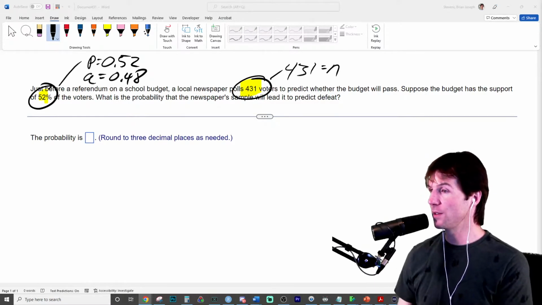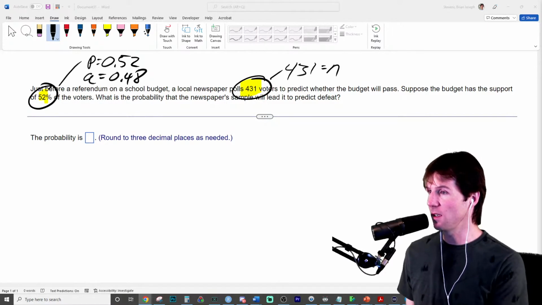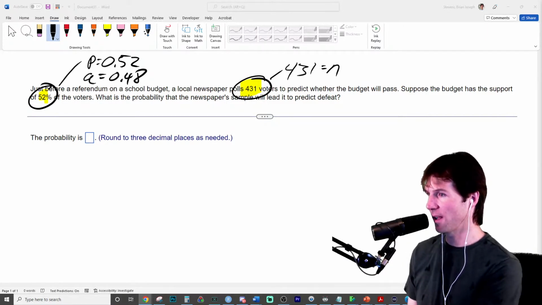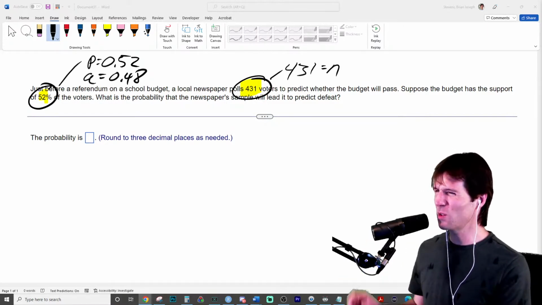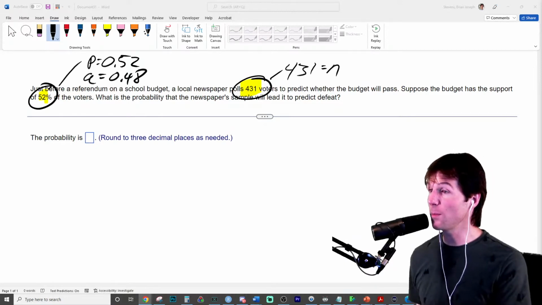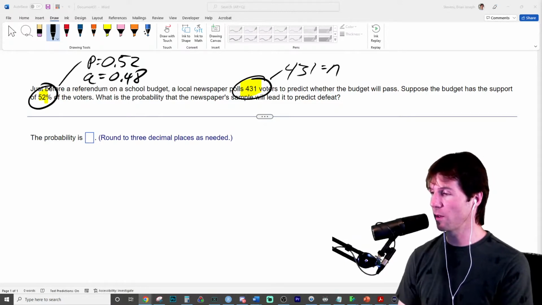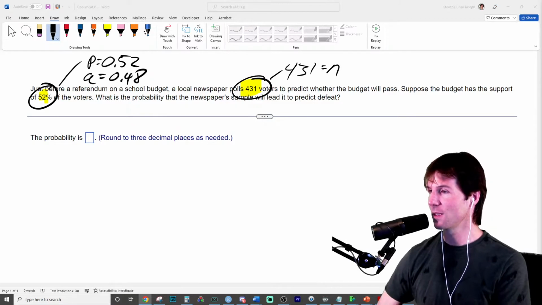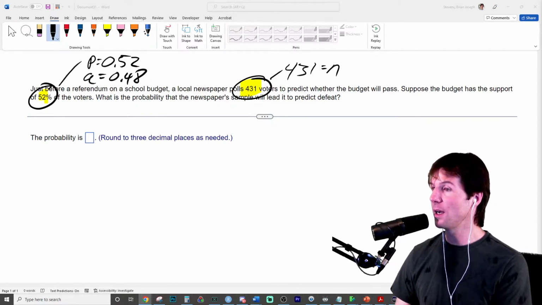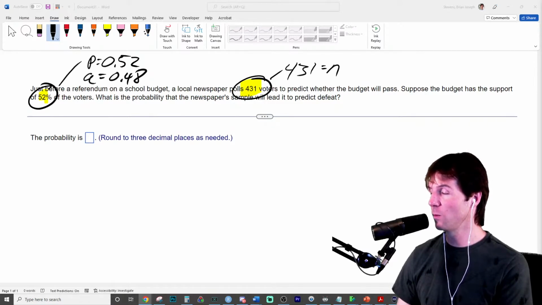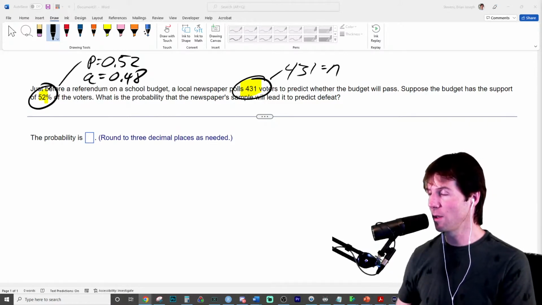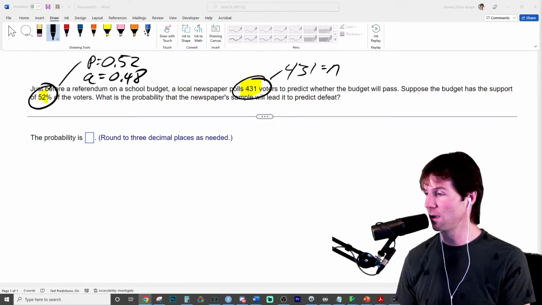I'm saying, I think this will be defeated. In my sample, I saw less than this % of people voting for it. I predict this will be defeated when it goes to be voted on. In my sample, what would I have to see?